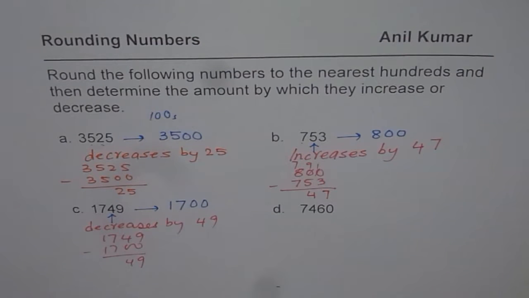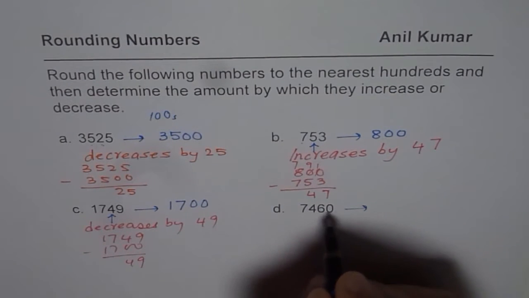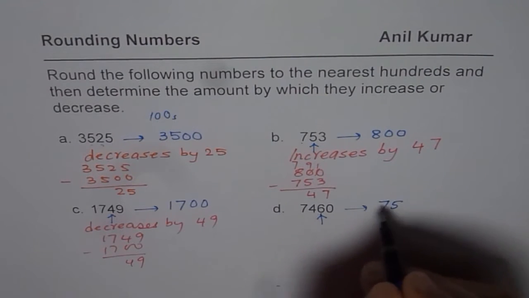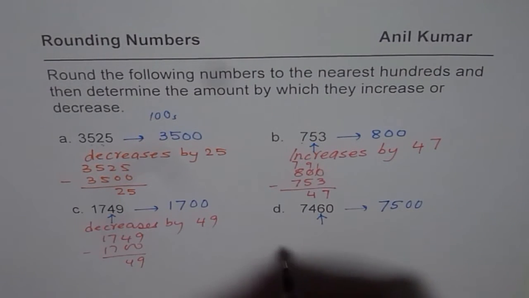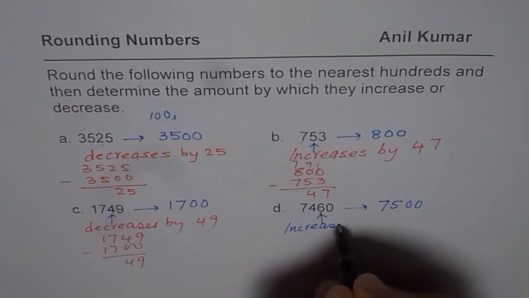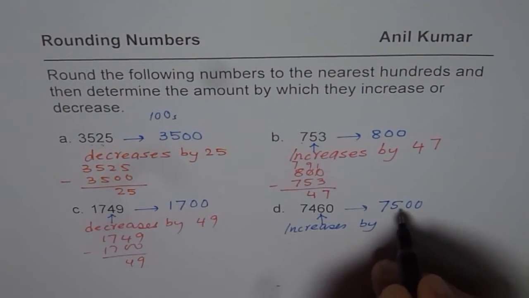The last number here is 7460. Check the number in the tens place. It is higher than 5, I mean 5 or more, right? So you need to increase the number to 7500. So in this case we know it increases. By how much? We'll find the difference.